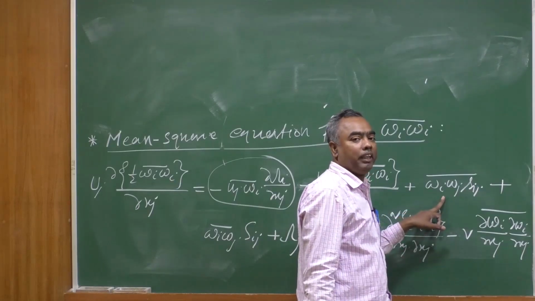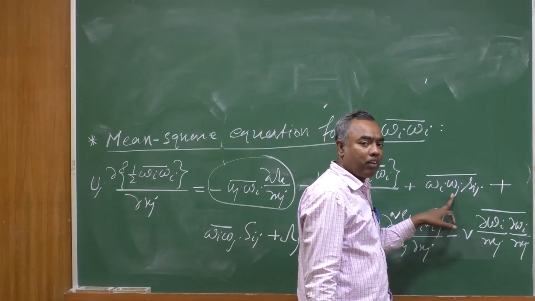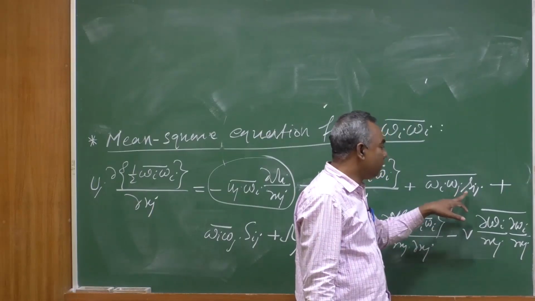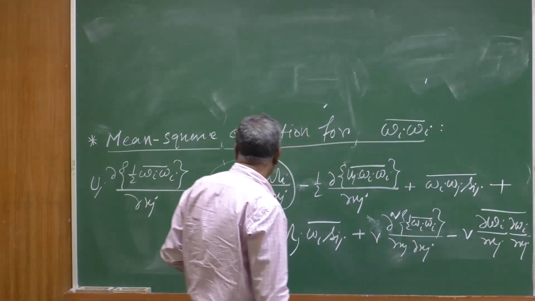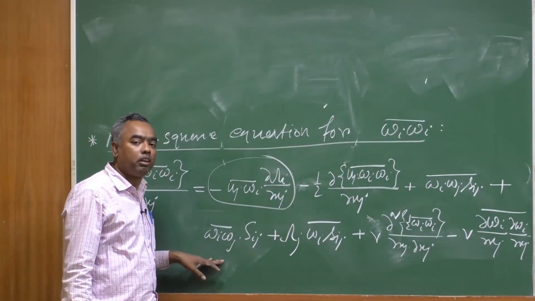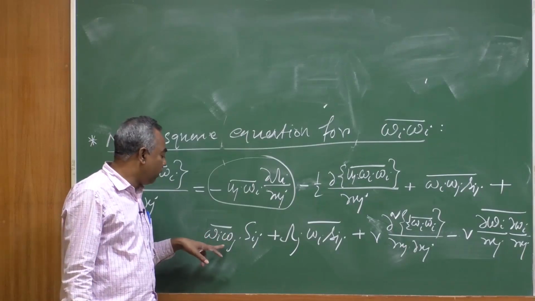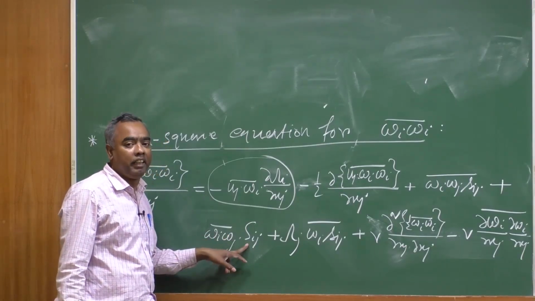And this particular term is production of turbulent entropy by stressing of the fluctuating vorticity by the fluctuating strain rate tensor. Similarly, this particular term is the production of turbulent entropy by stressing of the turbulent vorticity by the mean strain rate tensor.